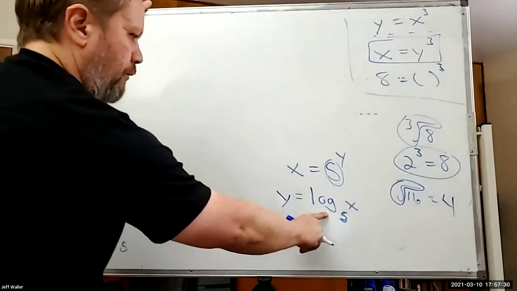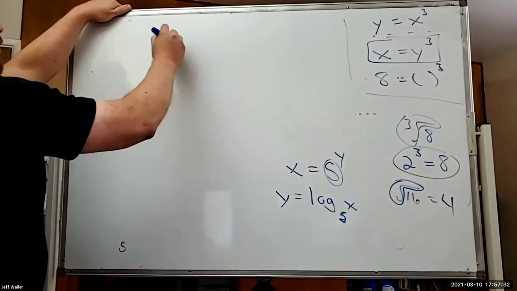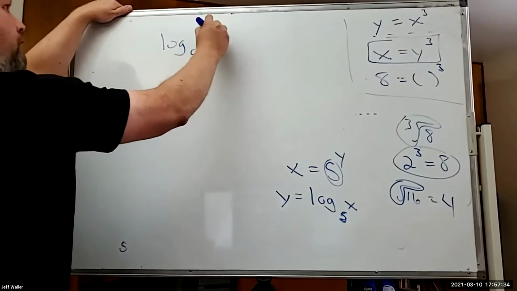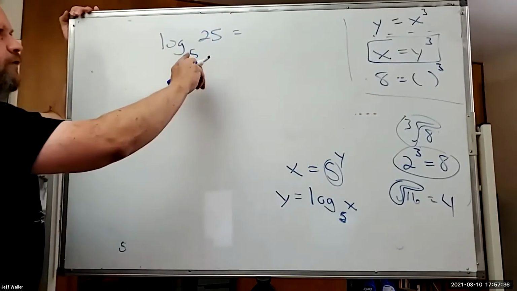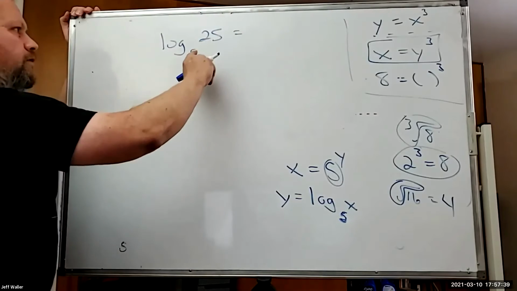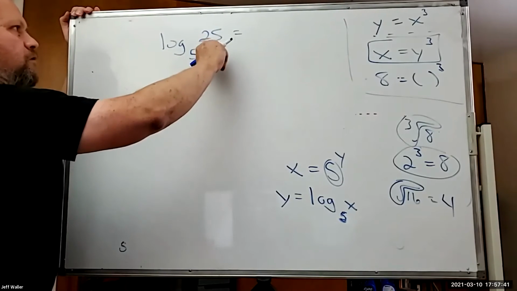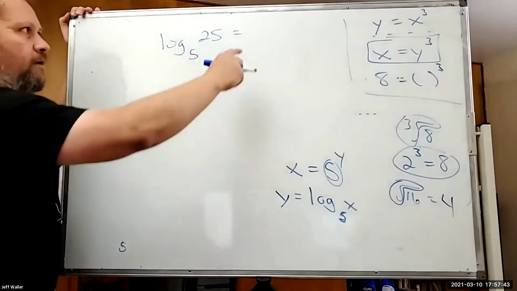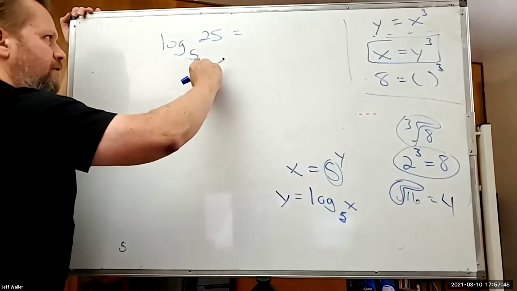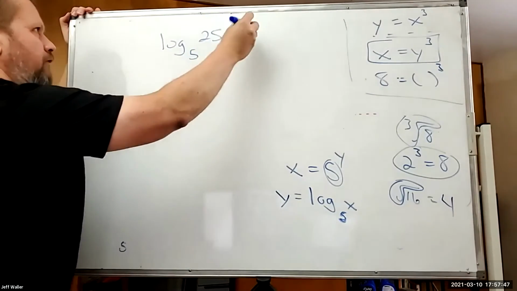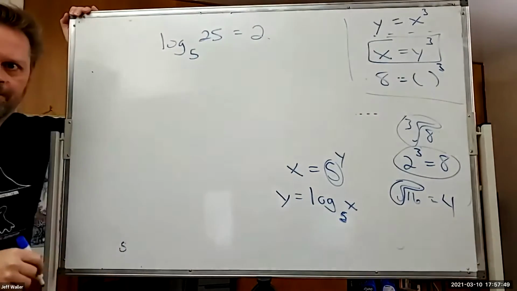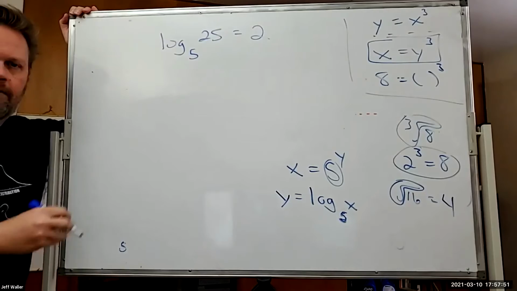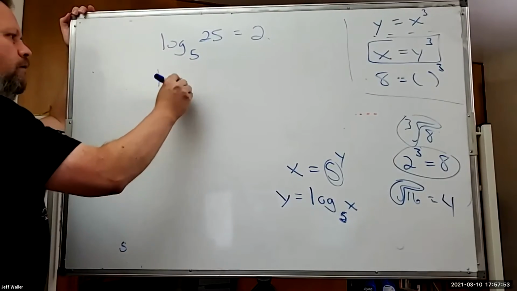You're not there yet. So log base 5 of 25, what do you say to yourself? What power does 5 need on it to become 25? Or how many 5s would multiply to be 25? So of course that answer is 2. So what if I wrote this?